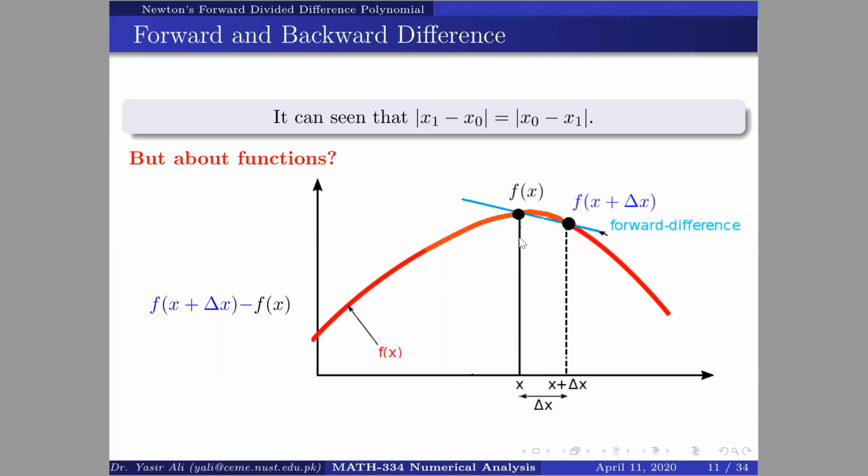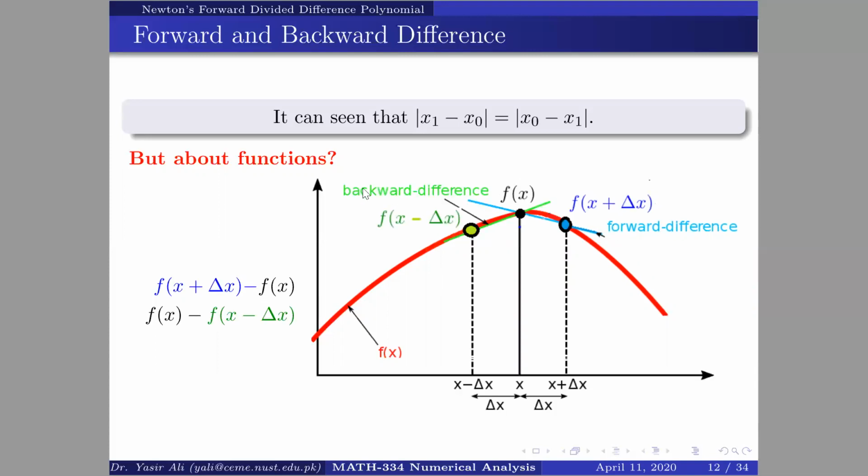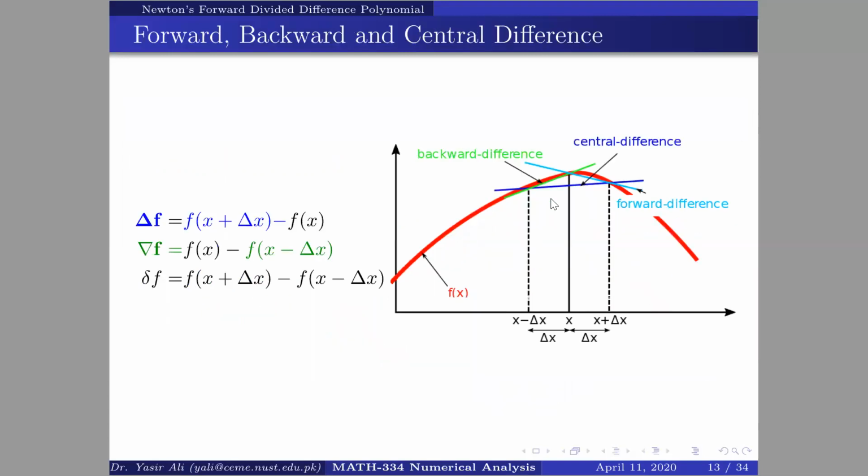But here we see that if we take a value f of x and a forward value f of x plus delta x, then the resultant or the forward difference, which is shown by the blue line, is in this direction. If I take the backward difference, then it becomes another direction. And there is a term called the central difference, which we will not cover in this video. It gives something else. So it is important which difference we are taking into account.